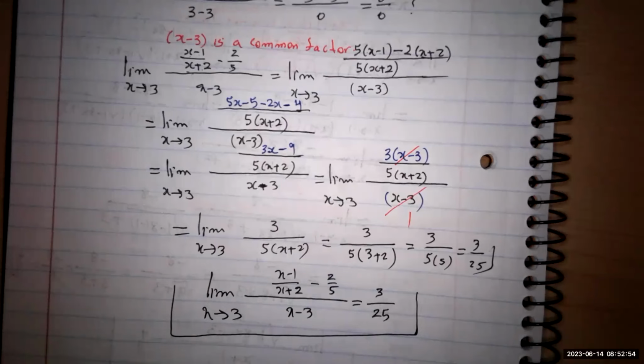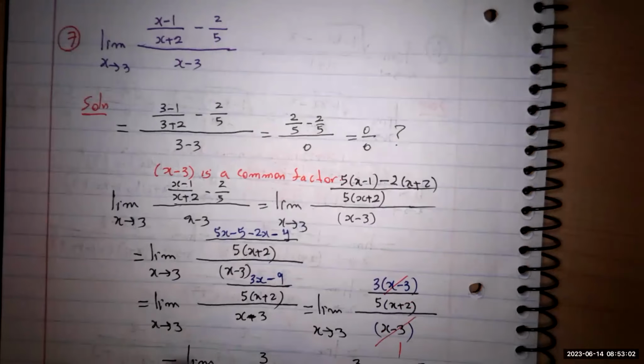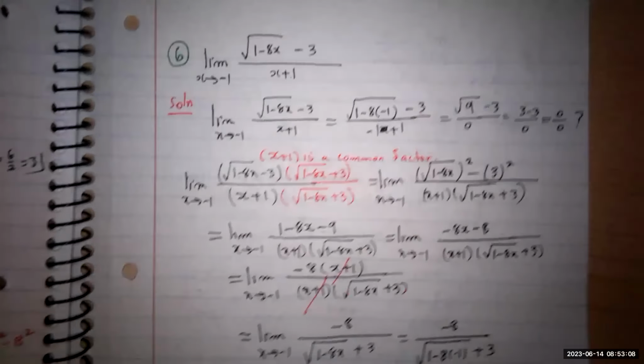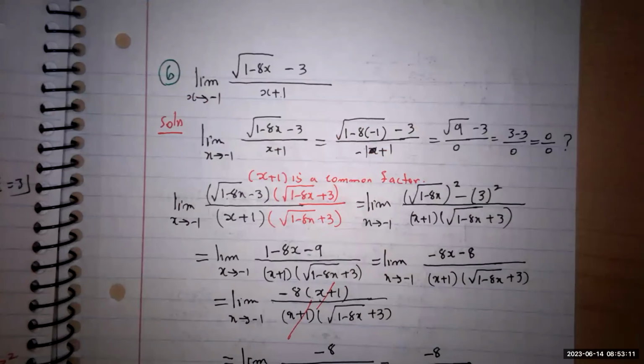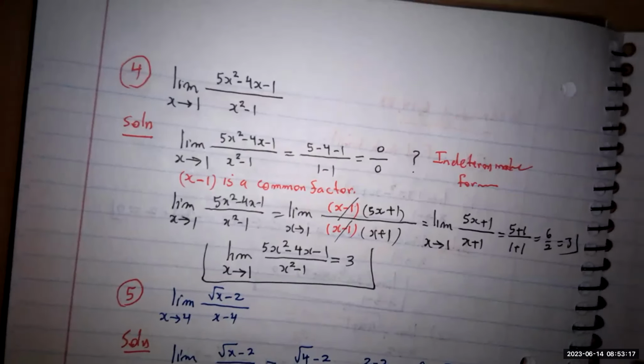Any question? So 3 very important cases: 0 over 0 with the complex fractions. That's going to be the case. Okay. 0 over 0 with the polynomial. 0 over 0 with the radical expression. This is your radical expression. You get the conjugate. And the 0 over 0 when we get the polynomials. So 1, 2, 3.